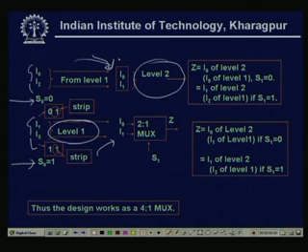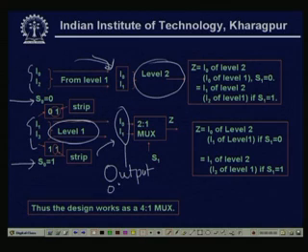Now, in the second level there are 2 inputs. See here, this is my 2 inputs I0 and I1. These 2 inputs are the output of the first level, and this is my final output Z. So, S1 is the control input and that can be 0 or 1.